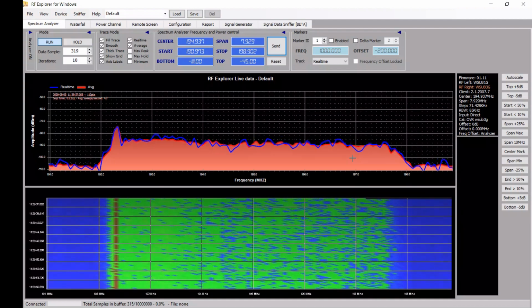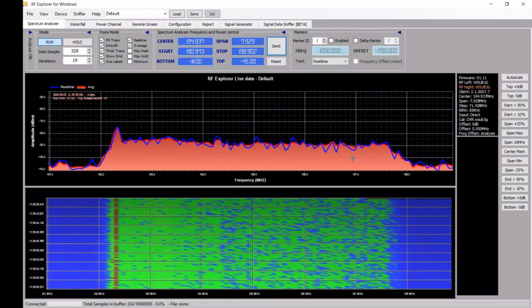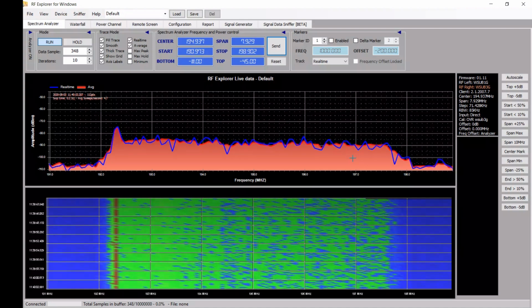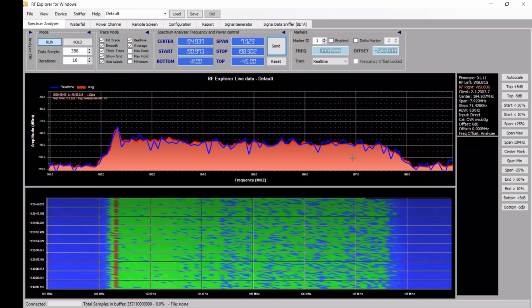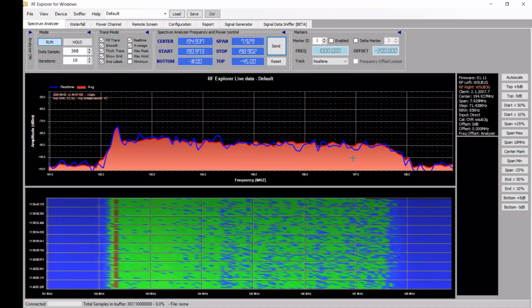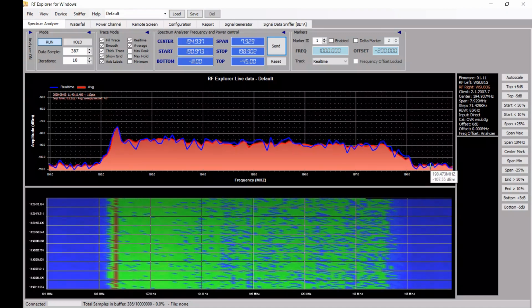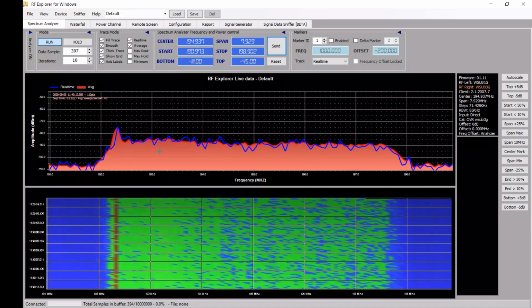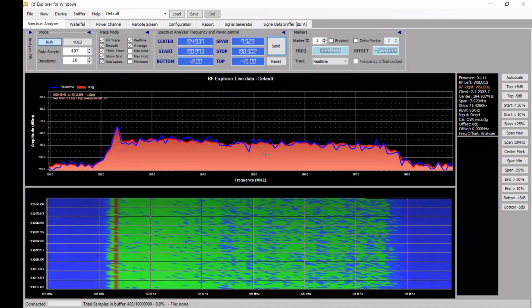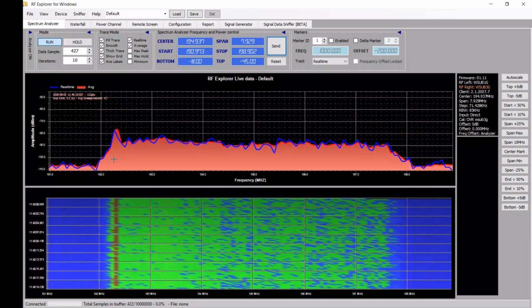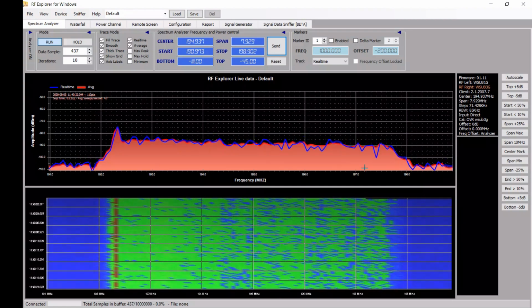ATSC uses 8VSB as its modulation, which is vestigial sideband. You can just think of it as having a carrier frequency, and one of the sidebands of that frequency is what's actually being transmitted. There's a little bit of the other sideband over here. That's why it's called vestigial, but that doesn't really matter right now.